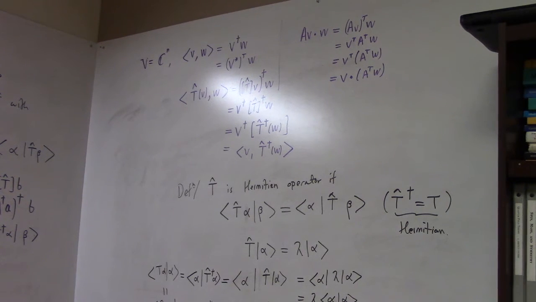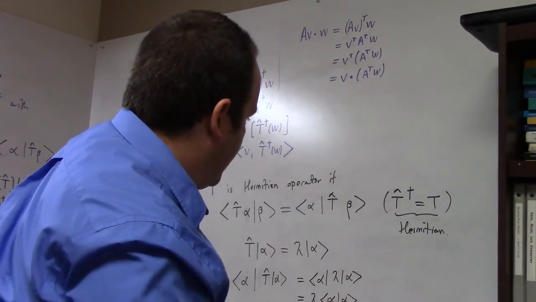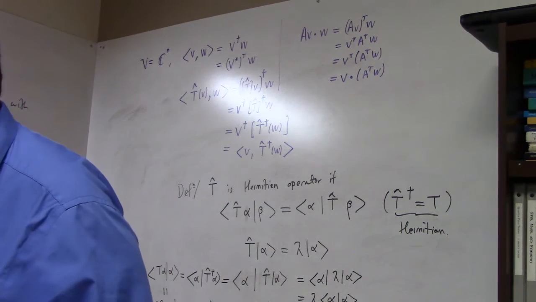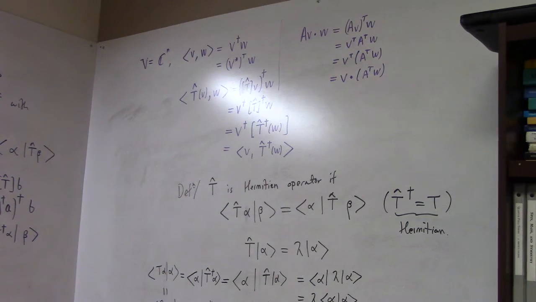All right, so this, generically speaking, is the kind of linear algebra we have to do in quantum mechanics, because there's some vector space of states. Those states represent a particle or system, and then we have operators that act on the states, and that tells us about the probability.